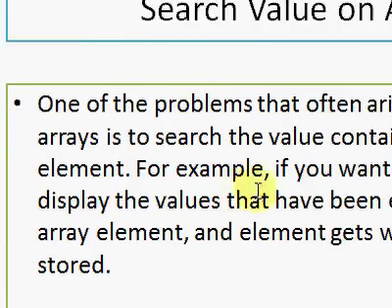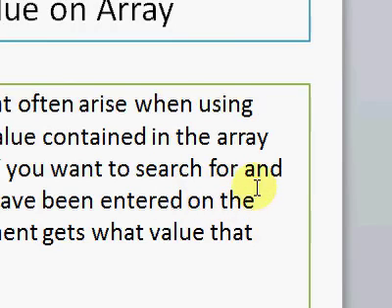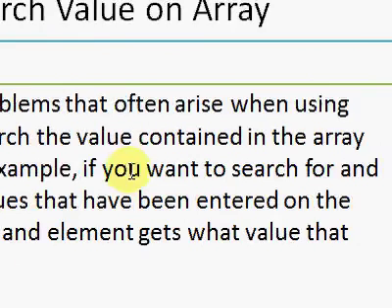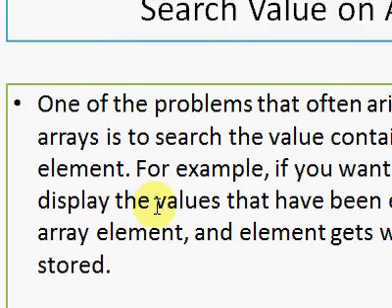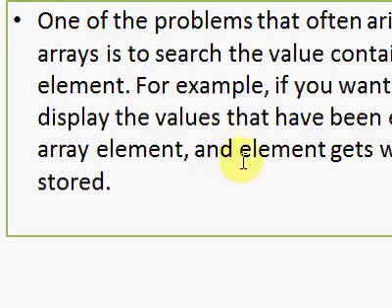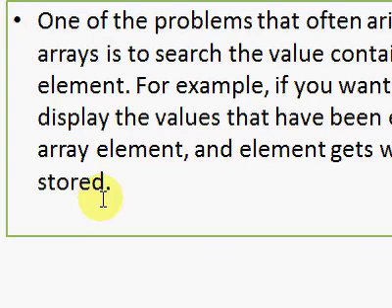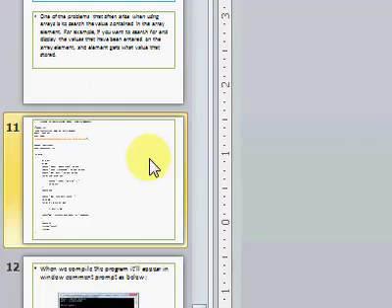For example, if you want to search for and display the value that has been entered in the array element, and the element that gets the stored value. So I have an example to solve this problem.